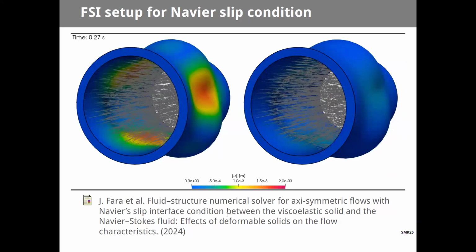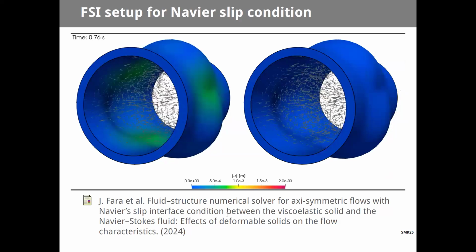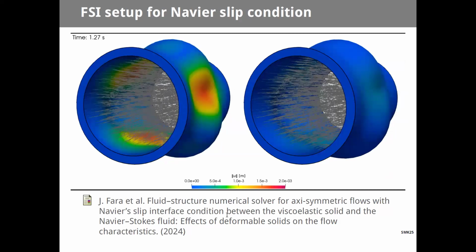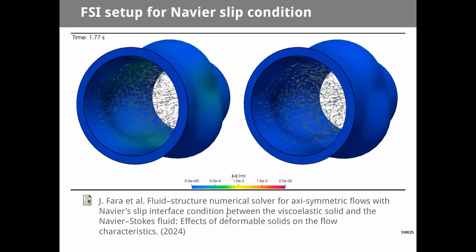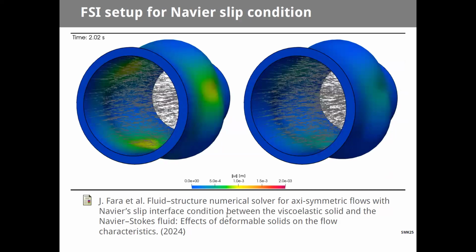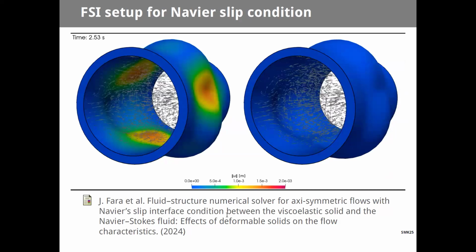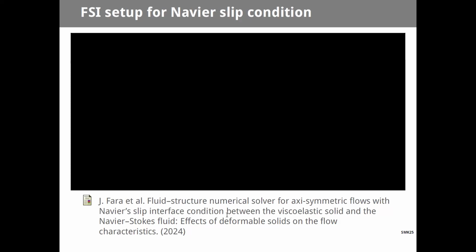Yes. So finally, in this test, and these are the latest results, I just wanted to show because they're really fresh. Together with Karel Tuma and Jakub Farah, we have added this slip boundary condition into the fluid structure interaction framework. On the left there is a soft material for the wall, on the right there's a more rigid material, and you have some pulsating flow, and you have a slip boundary condition between the fluid and the solid.